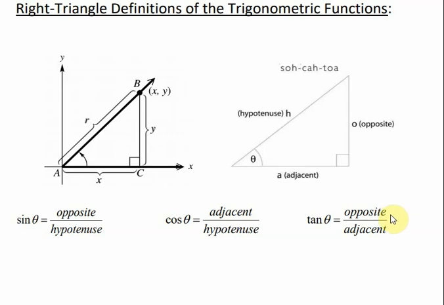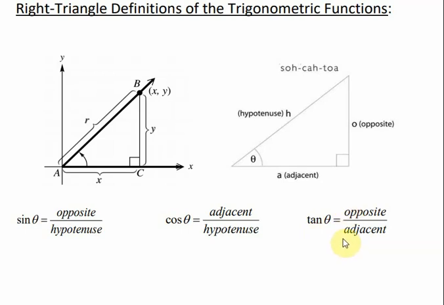Now there's a couple of different tricks to remembering these trig functions. SOHCAHTOA is a way that people remember the relations between the trig functions. So, S-O-H, C-A-H, T-O-A. That's sine, opposite over hypotenuse, cosine, adjacent over hypotenuse, and tangent, opposite over adjacent.